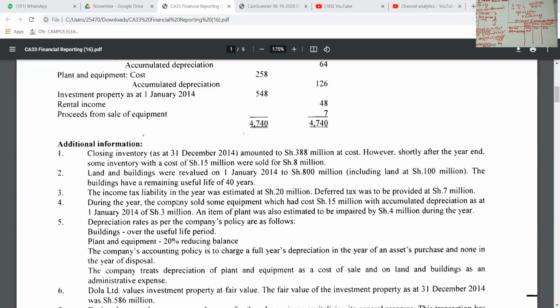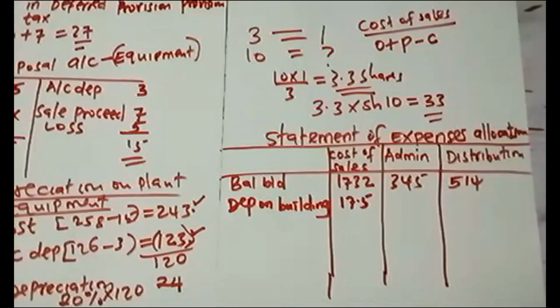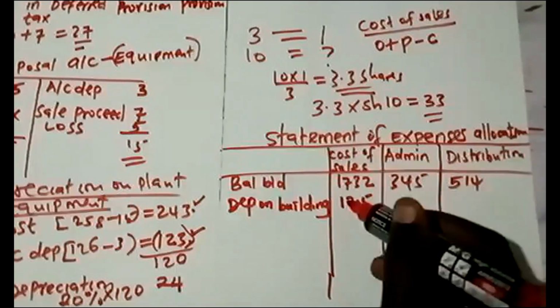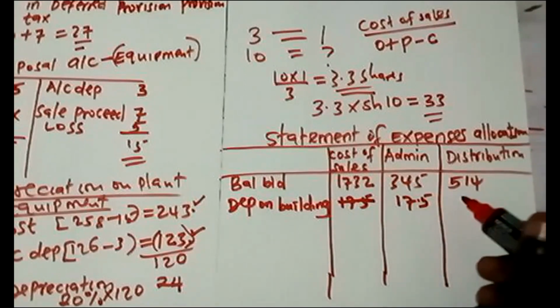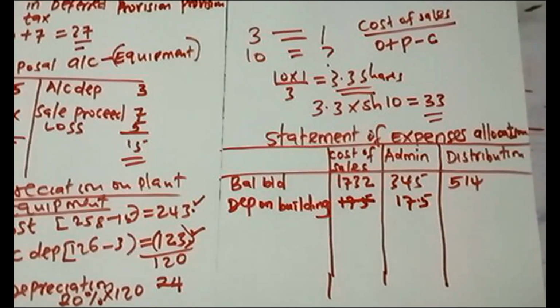Additional information number 3 was concerning tax. Tax would be dealt with later. The land and building is administrative, not cost of sales. Plant and equipment is the one under cost of sales. As they mentioned, yes, that is fine. They said that we classified it under admin.